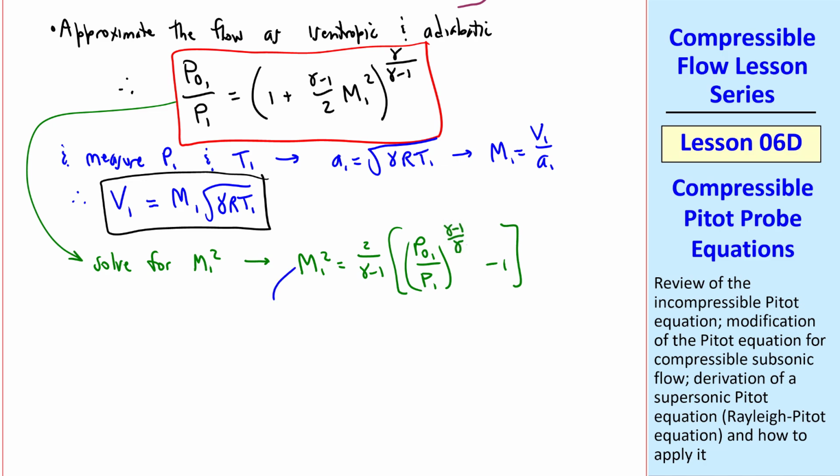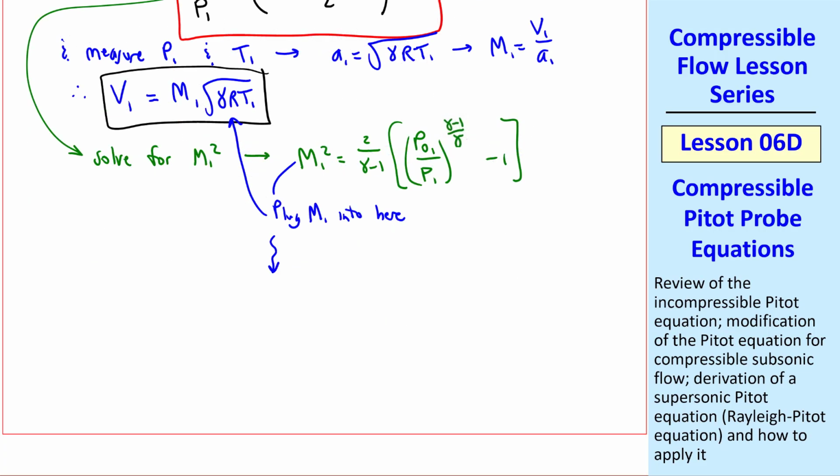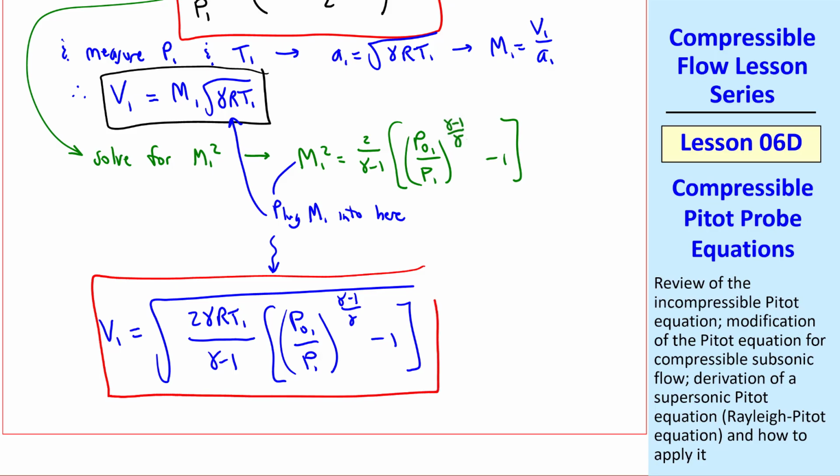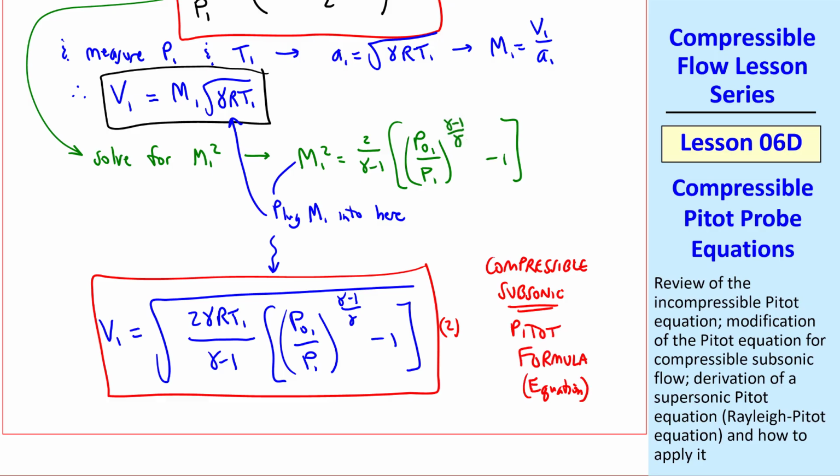Now take the square root of M1 squared and plug M1 into here to get an equation for V1. After a little bit of algebra, we get V1 equals the square root of (2 gamma R T1 over gamma minus 1) times ((P01 over P1) to the gamma minus 1 over gamma, minus 1). I'll call this equation 2, which is the compressible subsonic Pitot formula or equation.